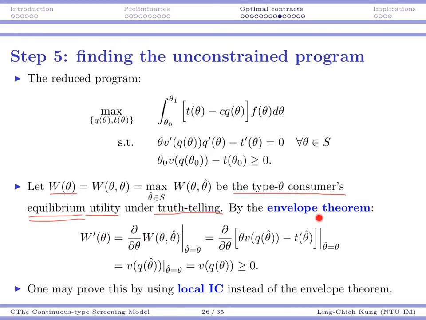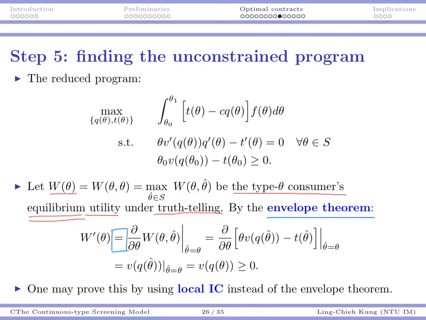And the envelope theorem tells us that I can first treat theta hat as a constant. Theta hat is my variable. I treat my variable as constant and take the derivative with respect to my parameter. After that, I'm going to plug back in my optimal solution, which is just theta, about telling the truth.